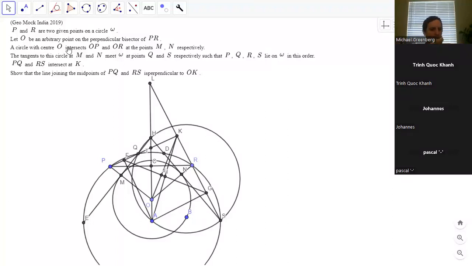Okay. Maybe we can use the isogonal line lemma somehow. Well, I was going to say maybe FGJI is FGIJ, but I don't know.